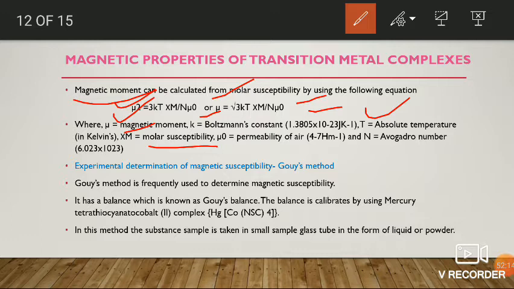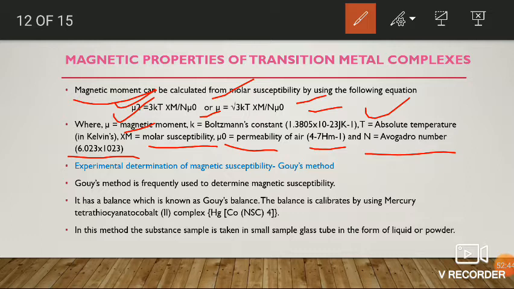Susceptibility of 1 molar substance is nothing but molar susceptibility. Mu 0 is the permeability of air, and its value is 4 pi into 10 to the power minus 7 henry per meter. N is Avogadro's number, its value is 6.023 into 10 to the power 23, that is the number of molecules present in 1 mole.